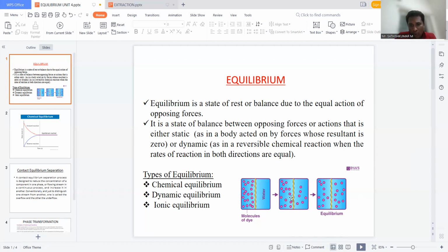The particles slowly enter into the water. At some point in the process, the entering of solids into the water will completely stop. That point will be considered as equilibrium.